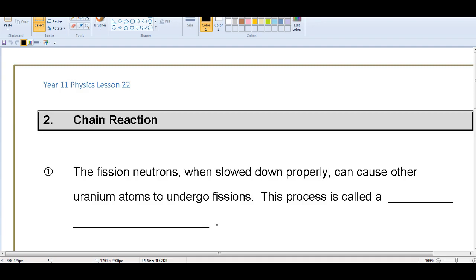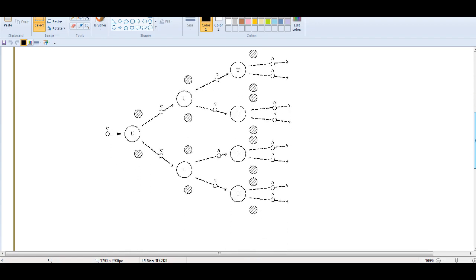Once you start, it just continues without stop, without termination, until you exhaust all the radionuclei. So that means chain reaction. Okay, so how could nuclear fission become a chain reaction? All right, so let's have a look.